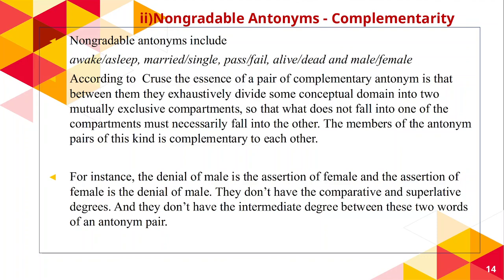It's understood. They don't have the comparative or superlative degree as we have in adjectives, and they don't have an intermediate degree between the two words of an antonym pair, so they are not gradable. They come under the category of non-gradable.